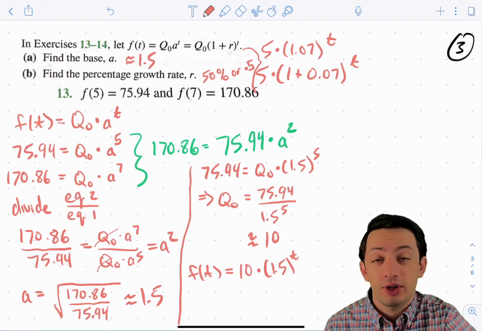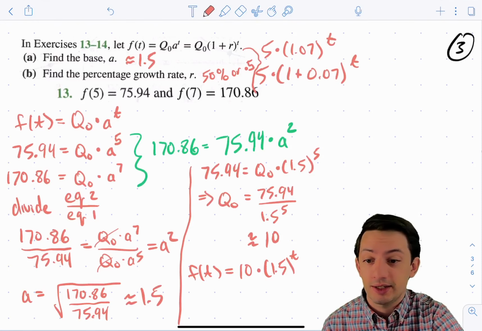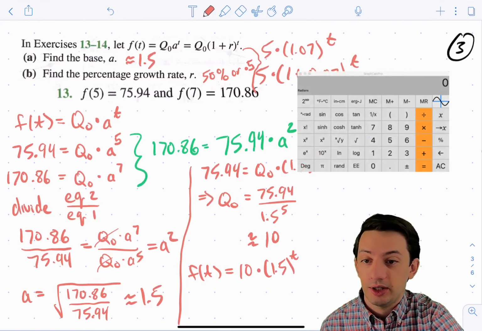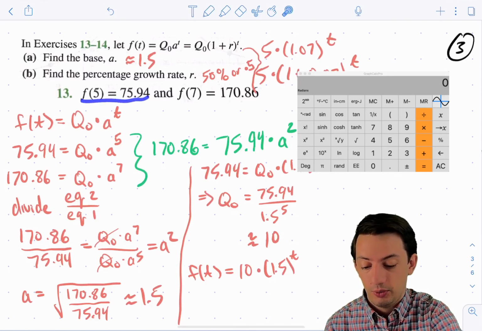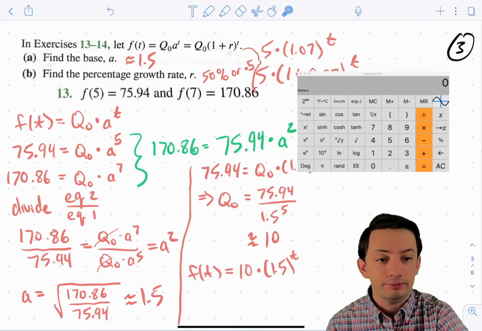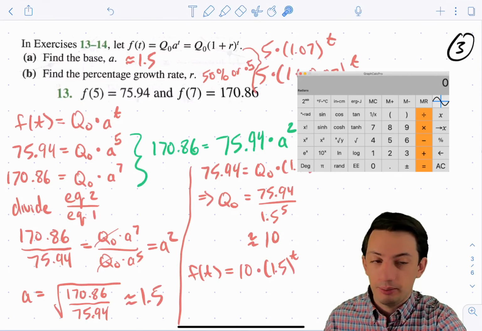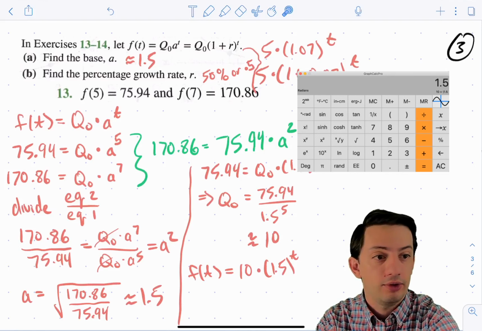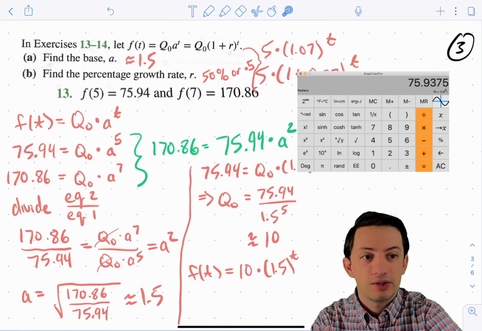Now, if you had a calculator and you wanted to check your answers on this, this is another place where it's really easy to check your answers. Let's pull up the calculator again, and let's check that if we plug in both of these points, we actually get what we claim we get. So the first one, we plug in 10 times 1.5 to the fifth, 75.9375.